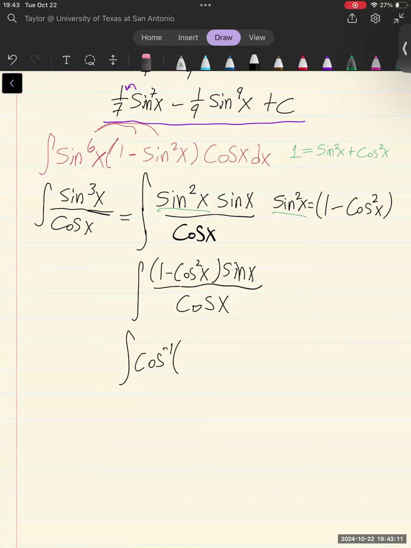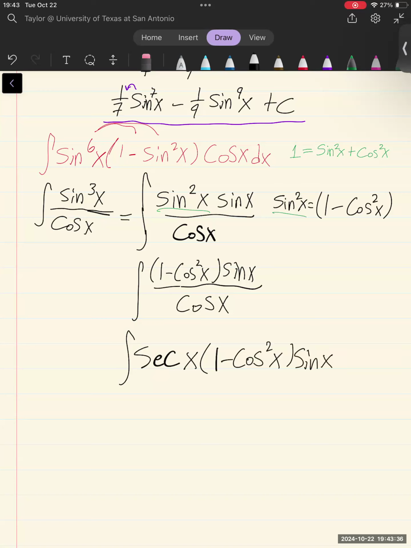Not quite, because cosine inverse, or cosine to the -1, is something different. In this case, we technically have secant, if we were going to bring the cosine up. There we go: 1 minus cosine squared x times sine x.